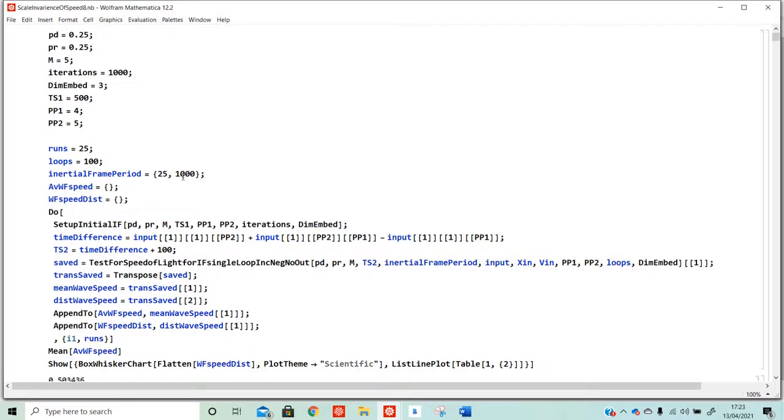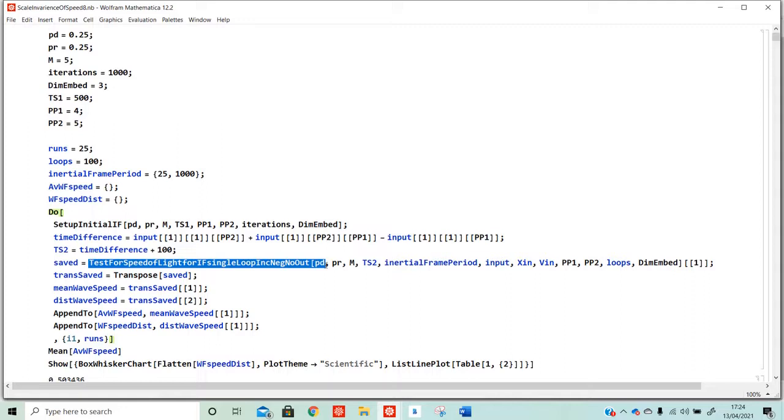And this is defining TS2. We set up the initial system, and that's how many times we do the runs. And we do a certain number of loops for calculating the speed of light.